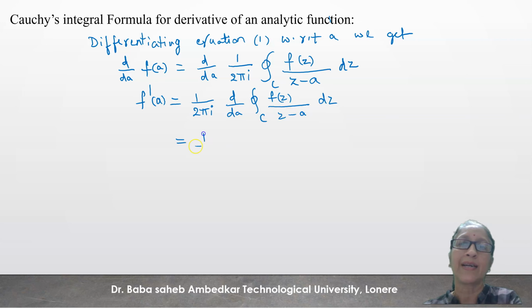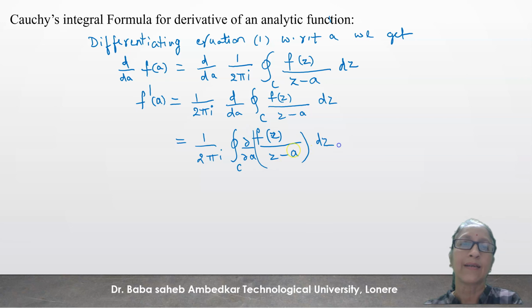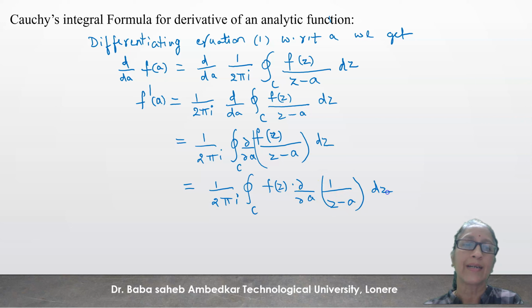By differentiation under the integral sign, we differentiate this integrand with respect to a, del by del a of f(z) upon z minus a dz. That means 1 by 2 pi i contour integration, then here f(z) into del by del a of 1 upon z minus a dz.